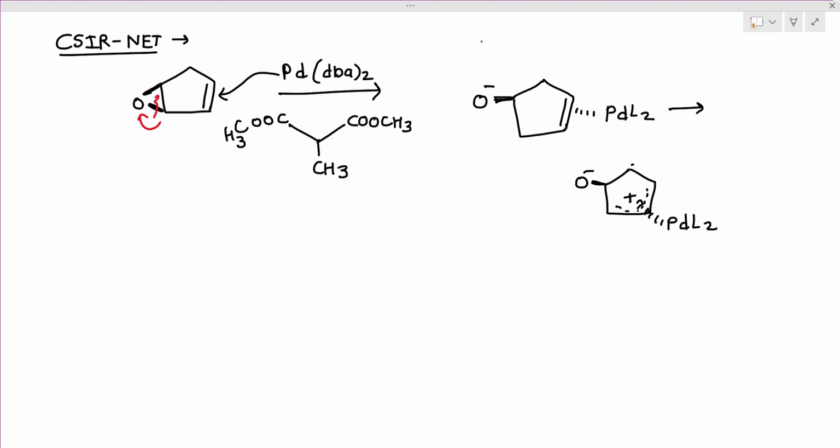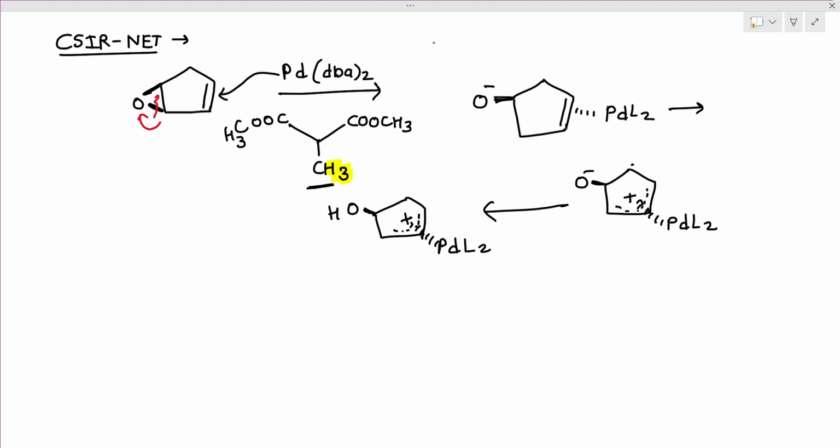Now this O minus will abstract the H plus from here. This is your nucleophile, and from this position this is the hydrogen that it can abstract. So we are getting OH at this position, and at this position this is your complex.